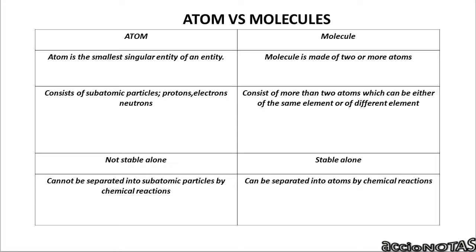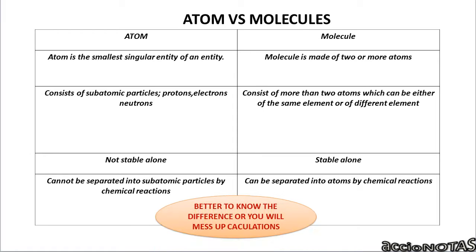Molecules consist of 2 or more atoms, which can be either of the same element or of different elements. Atoms are not stable alone. Molecules are stable alone. Atoms cannot be separated into subatomic particles by chemical reactions. Molecules can be separated into atoms by chemical reactions.